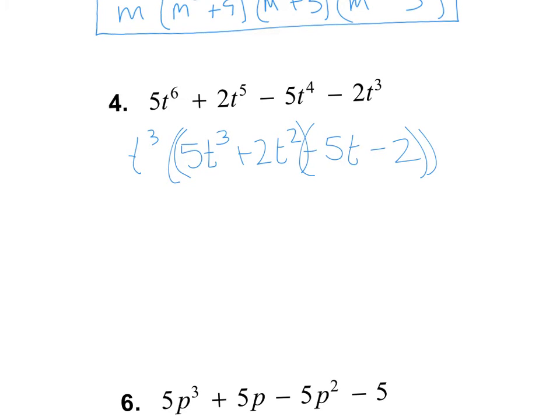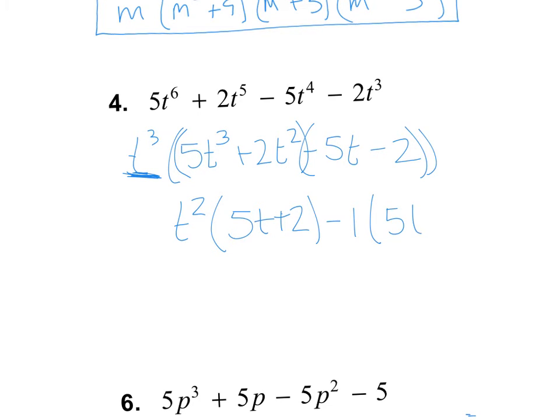Now you take out a GCF. Remember, we're not going to worry about this right now. We'll put it in at the end. So I'm going to do grouping. The GCF for the first one is just t squared. So when I take that out, I'm left with 5t plus 2. And the second one is just a negative 1.